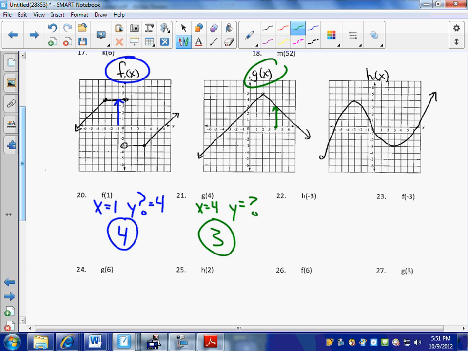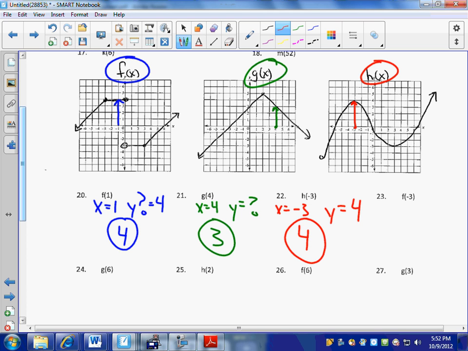So 3 is my value. h of -3. So if I have an x value of -3, what's the y value? Well, if x is -3 for h of x, I plug in -3, I get a value of 4. So 4 is my result.